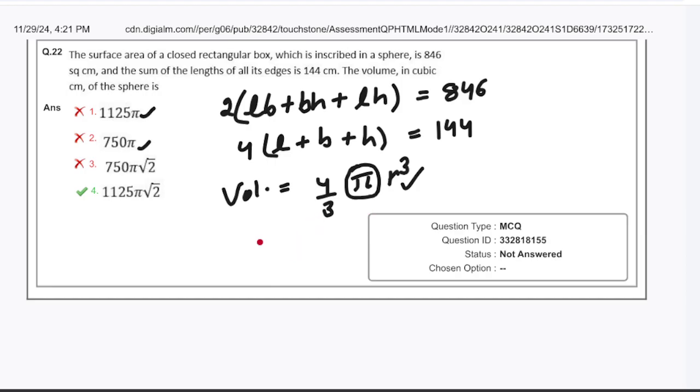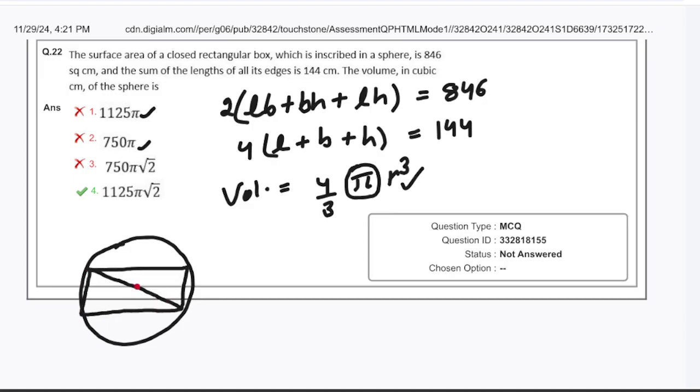Now, if there is a sphere, and then there is a cuboid inscribed in it, and there's a diagonal, this is going to be the center. That means the diagonal of the cuboid, because it's a 3D figure, we have to take the body diagonal.